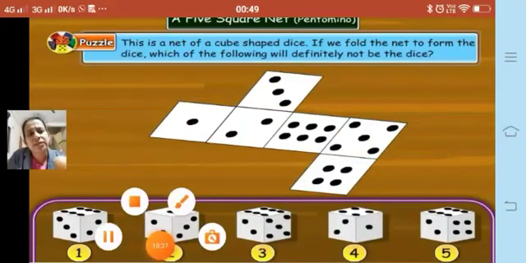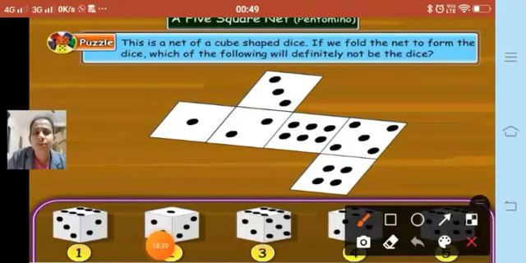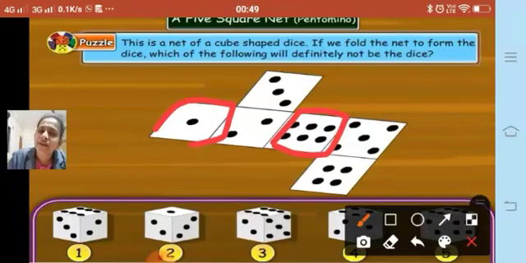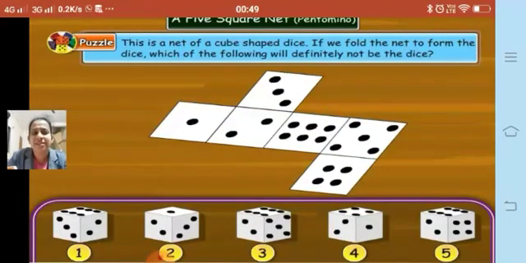What you have to notice is which are adjacent and which are parallel, and then find out which among these 5 dice shown over here is not correct. That you have to find out as your homework for today.